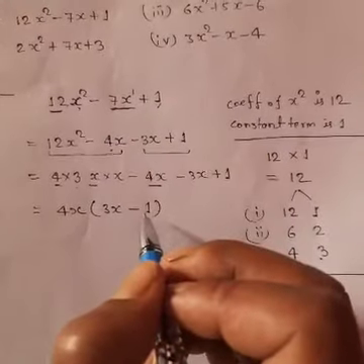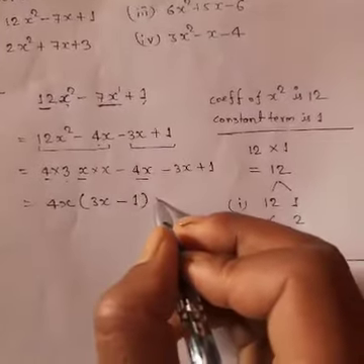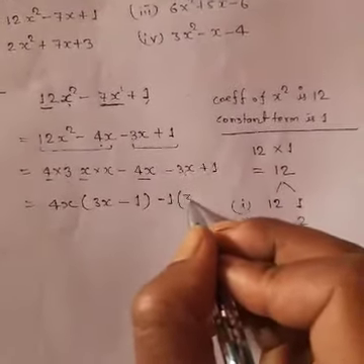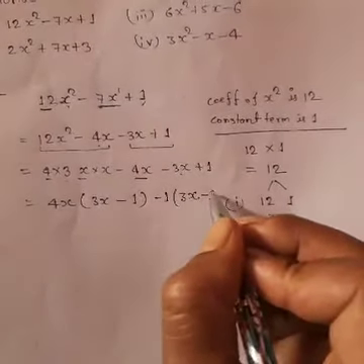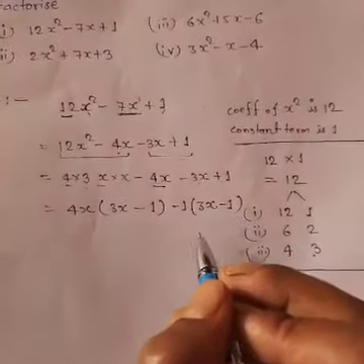From the third and fourth terms, if we take minus 1 as common, the signs of both terms change: minus 3x becomes plus 3x and plus 1 becomes minus 1.